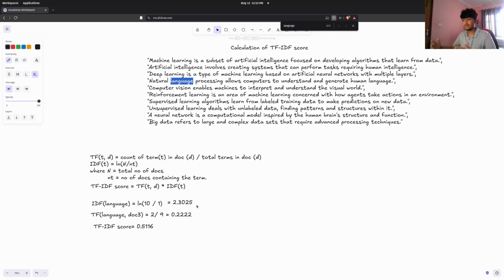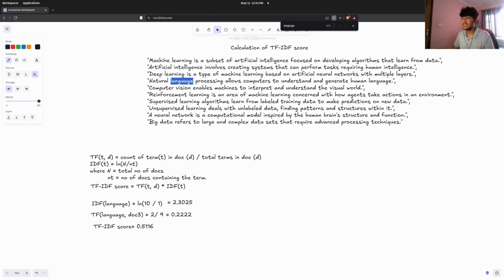What does this final score signify? What is the principle of the TF-IDF score? Firstly, important words appear frequently inside a relevant document. It's true, if a word is important in that document, then it needs to appear frequently in that document. The next principle is that important words are usually rare across all documents.